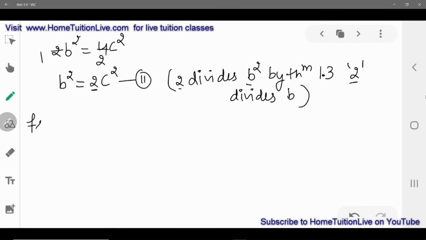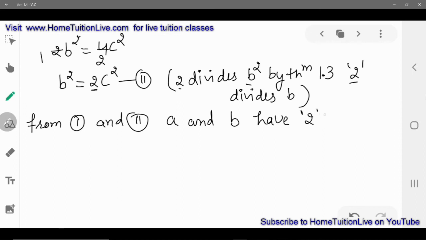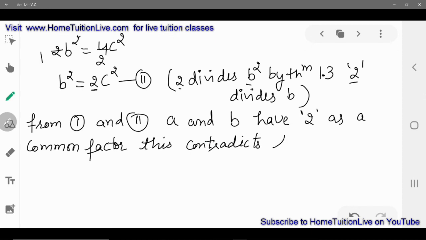From first and second, a and b have 2 as a common factor, and this contradicts the fact that a and b are co-prime.